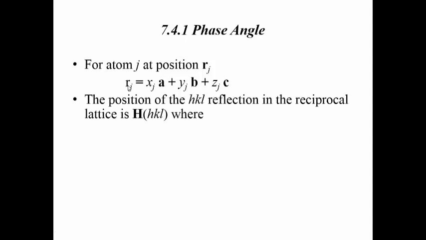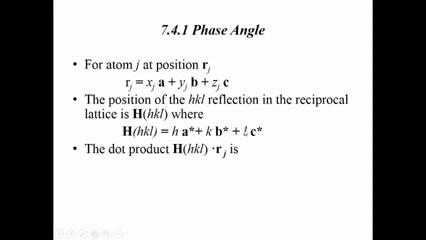Then we have the particular reflection we're looking at, the HKL reflection, and that is going to be in terms of a star, b star, c star, the reciprocal basis vectors, and their coefficients are called H, K, and L. Now we take the dot product of these two vectors, and it's designed so that a dot a star equals 1, so this dot product is H, K, and L dotted into x, y, and z.